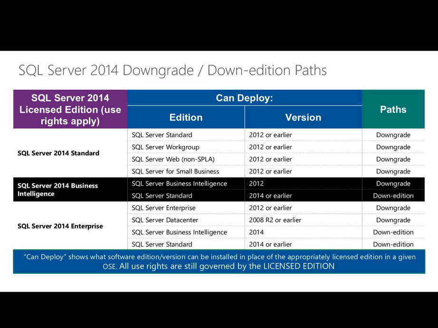Or 2014 business intelligence to standard edition, that's going to be a down edition. For SQL Server 2014, you can downgrade to the same edition or lower, so enterprise to data center, business intelligence to standard, and lower version to 2012, 2008 and earlier. Okay, that's the migration path.